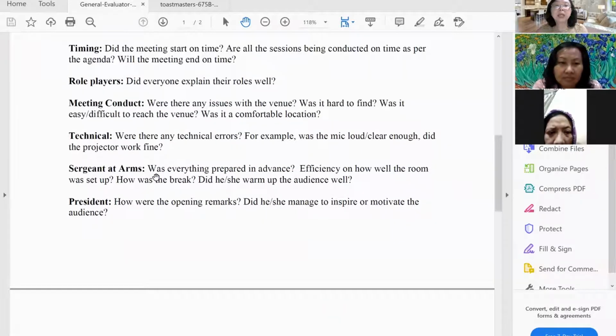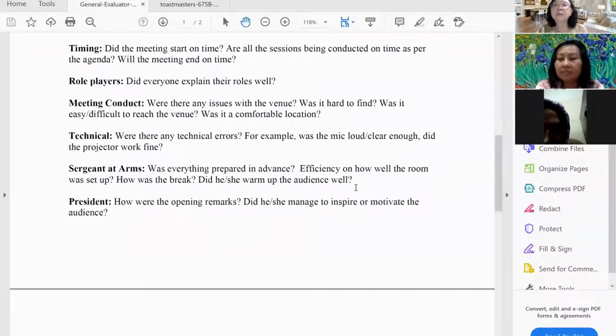And then the sergeant at arms. Was everything prepared in advance? Efficiency in how well the room was set up? How was the break? Did he or she warm up the audience well? So if, let's say, in a meeting they don't greet the guests either at the beginning or at the end, then you could give a suggestion on how to improve.